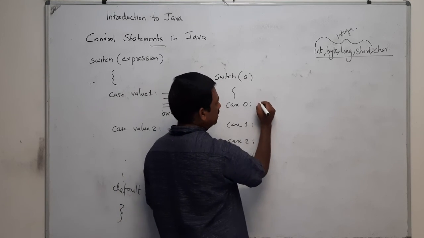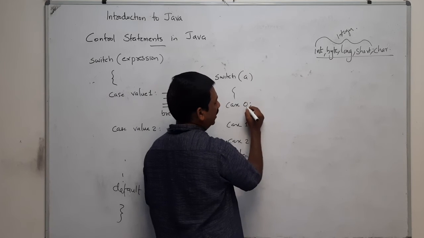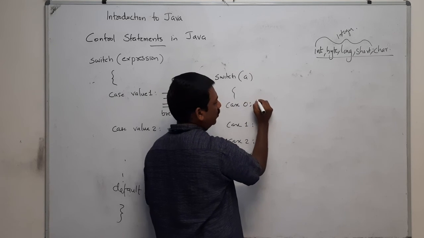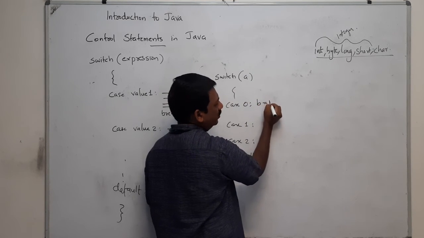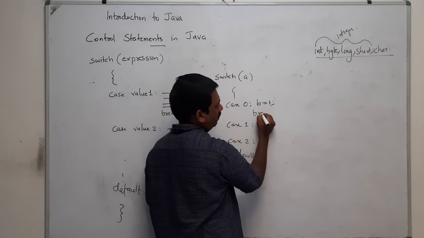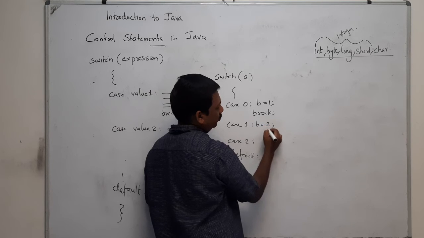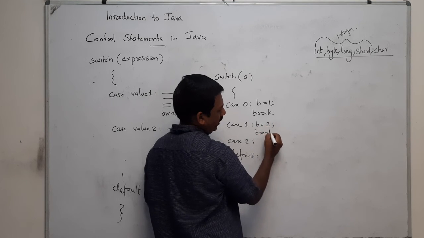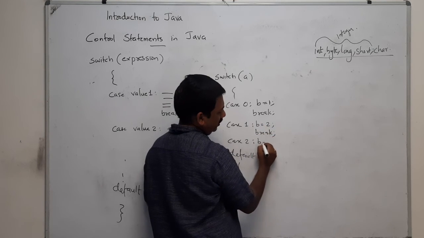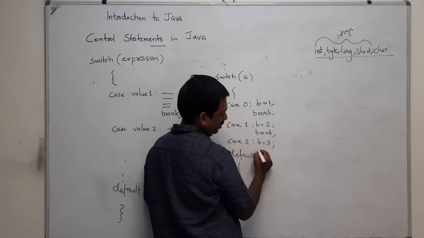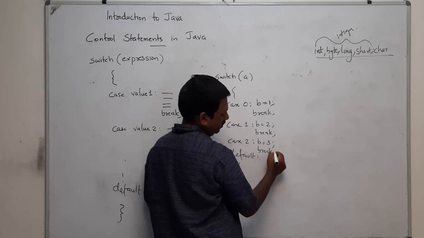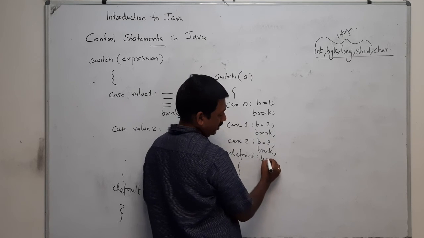Here, case 0: if the value of A is 0, then B is assigned 1, break. Here B is assigned 2, break. Here B is assigned 3, break. And here B equals 0.